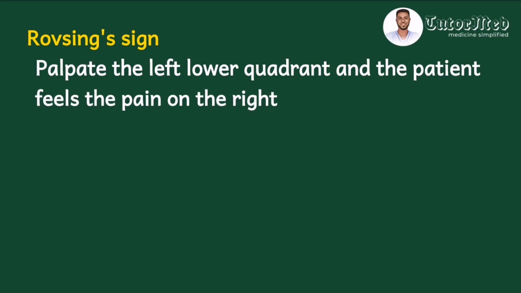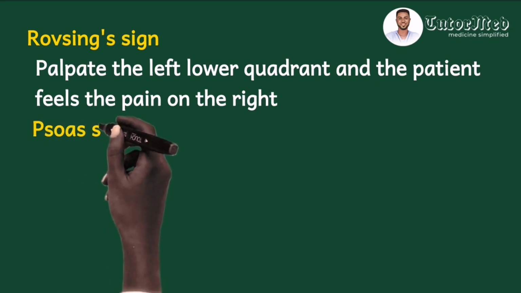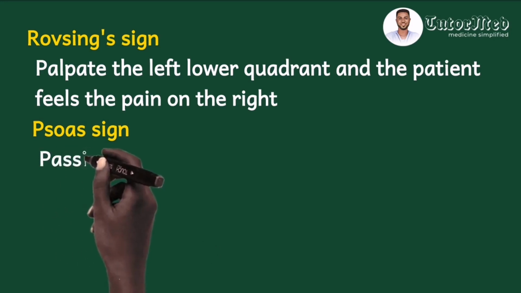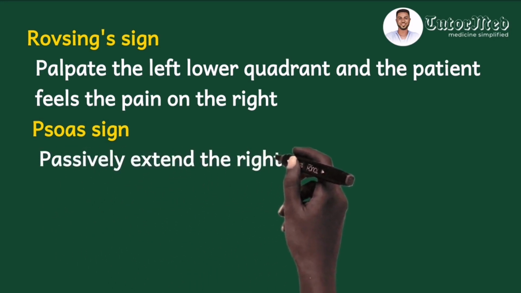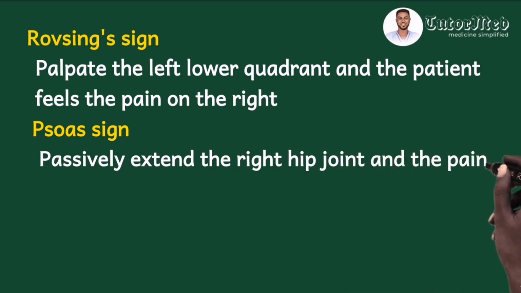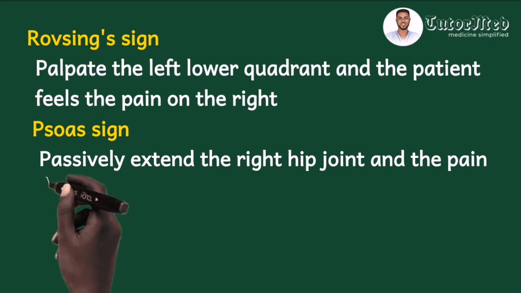If that occurs, then the patient is said to have a positive Rovsing sign. Then we have another sign called the psoas sign. You ask the patient to relax, and you, the clinician, would extend the right hip joint. When you extend the right hip joint, the pain in the right iliac fossa worsens.